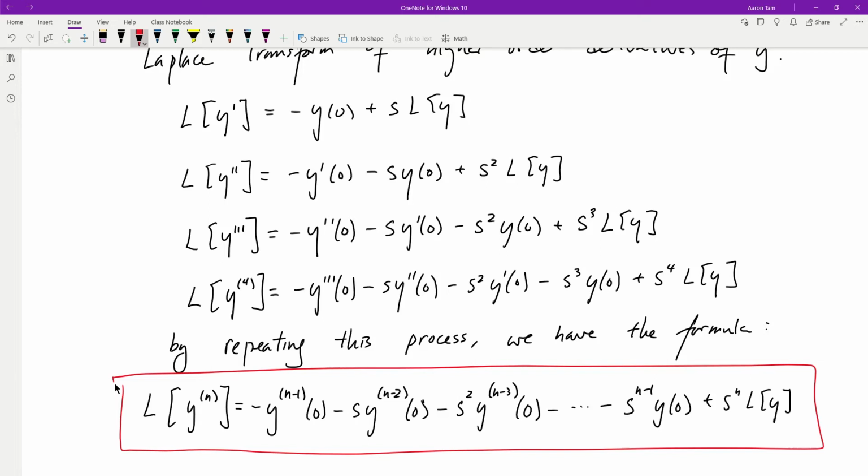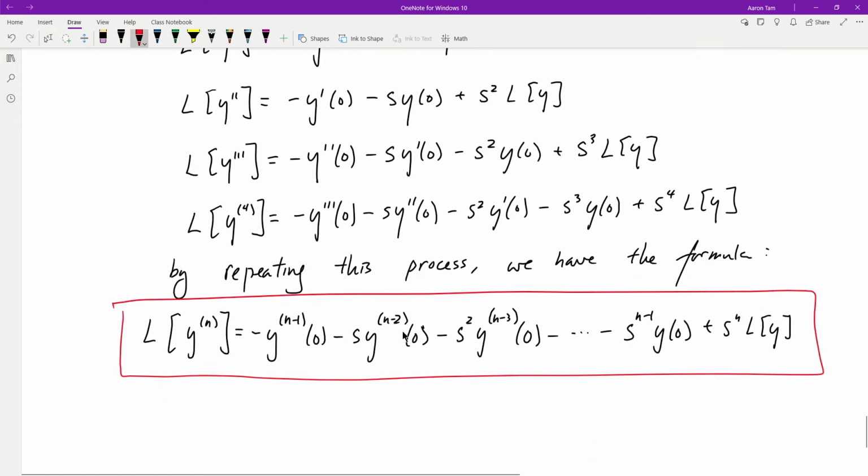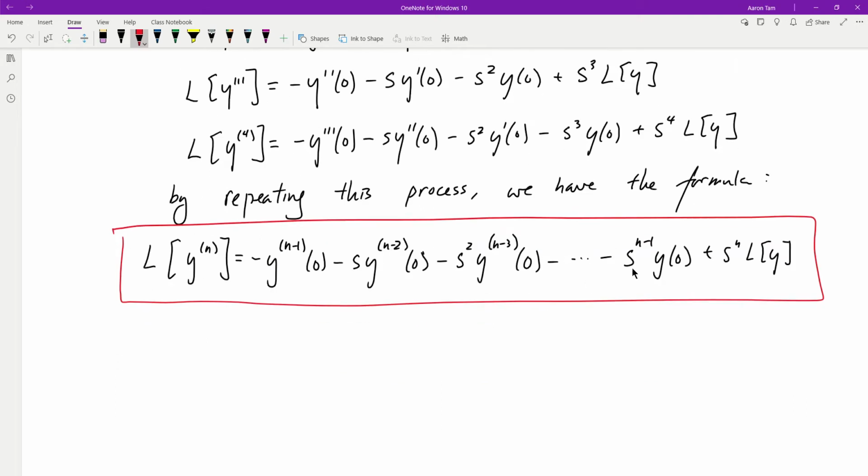You should definitely memorize y prime, y double prime, and maybe y triple prime, and that's usually good enough. But definitely also know this formula just in case you do need to use it. So now what I want to do is show you how to do a second order differential equation instead of a first order, and show you what happens then.